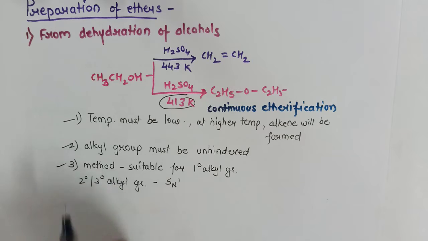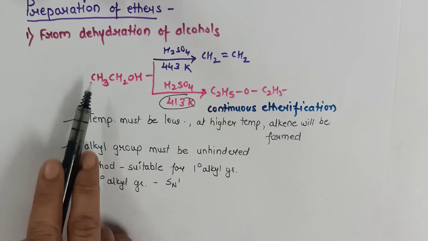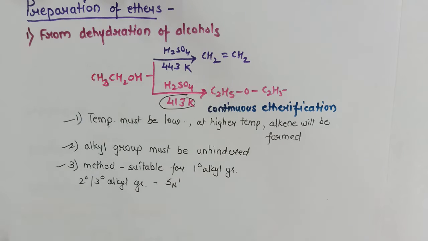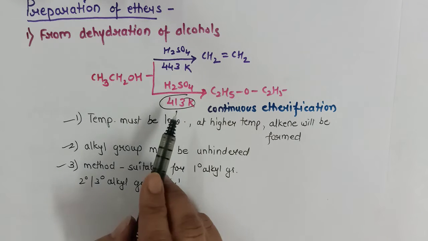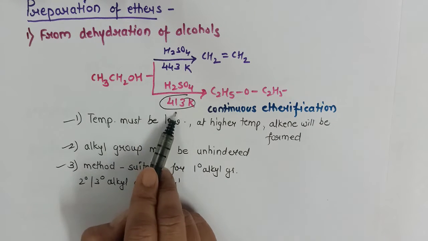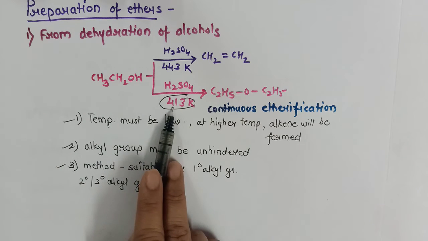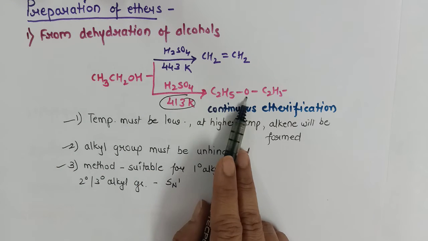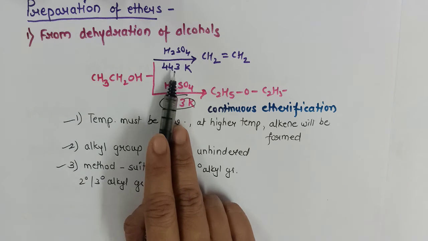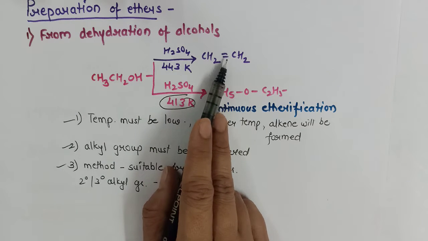These 3 conditions you have to take care of. Now in your exam, whenever this question is asked as a complete question, you have to pay attention to the temperature. If the temperature is 413 Kelvin, ether will be formed, and if the temperature is 443, then alkene will be formed.